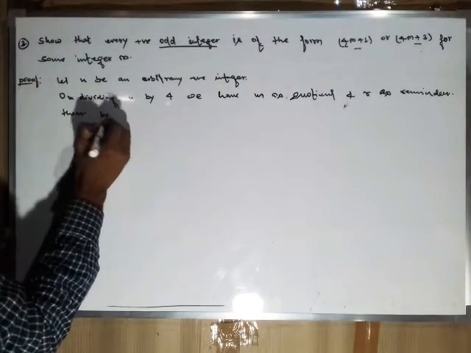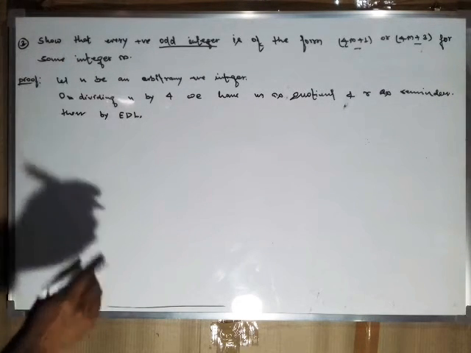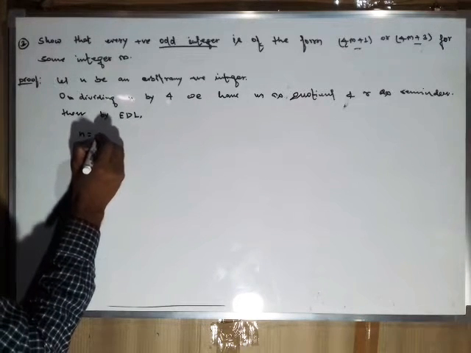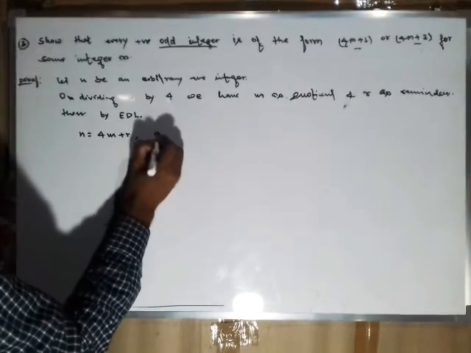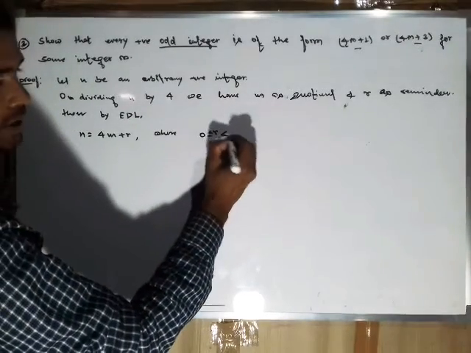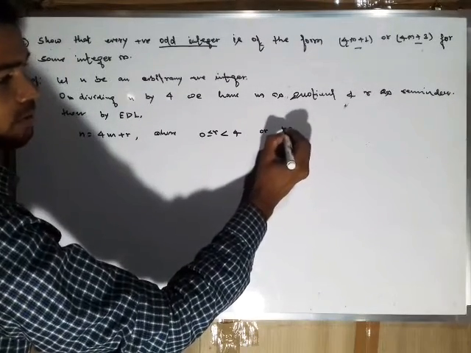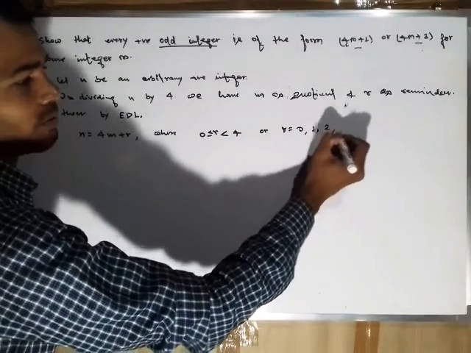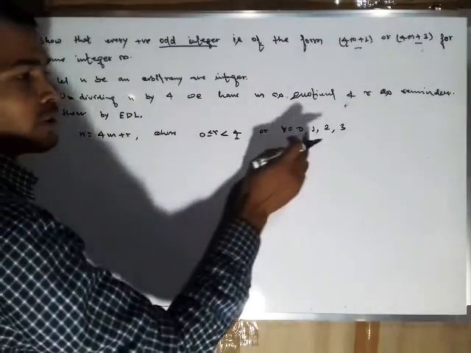Then by Euclid division lemma, we have dividend equal to divisor into quotient plus remainder, means n is equal to 4m plus r. Clear? Here r is greater than or equal to 0 but less than 4, or r is equal to 0, 1, 2 and 3, because r is less than 4.